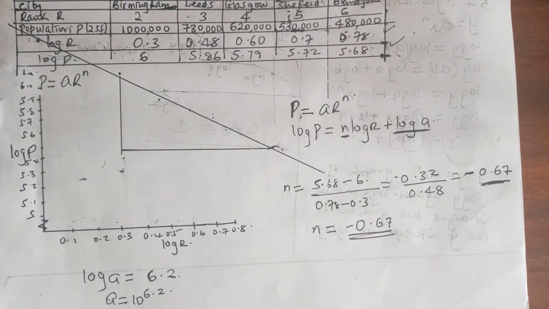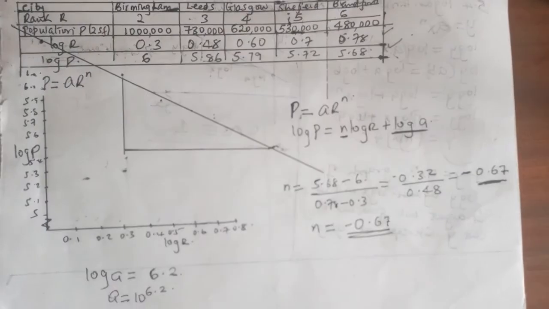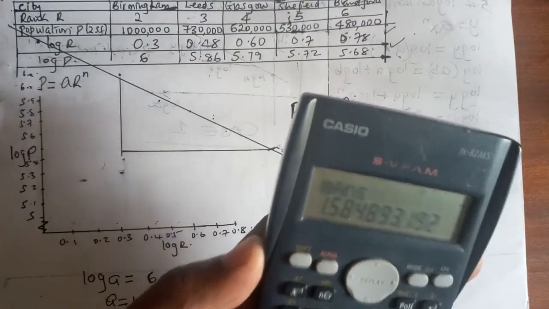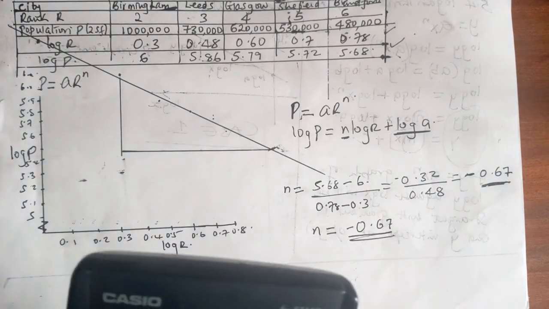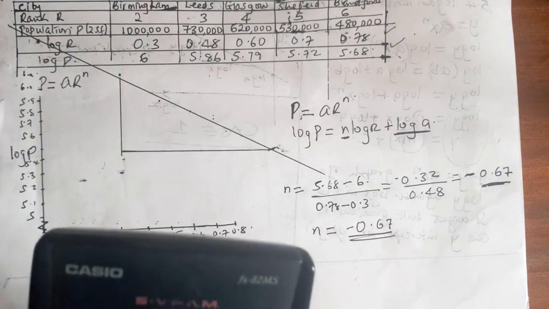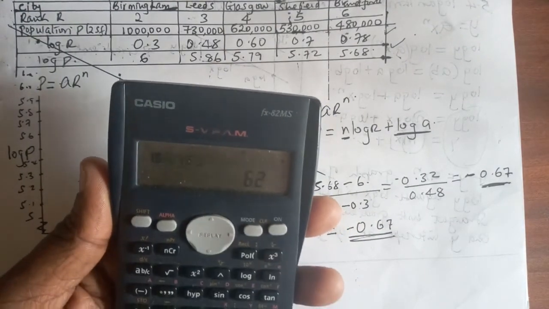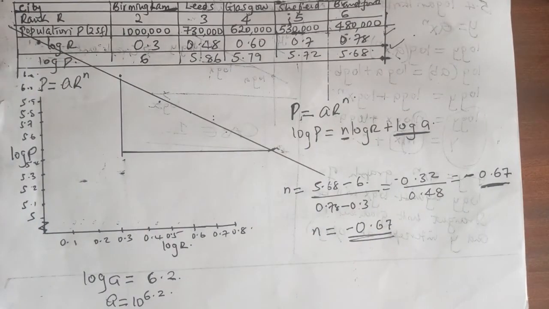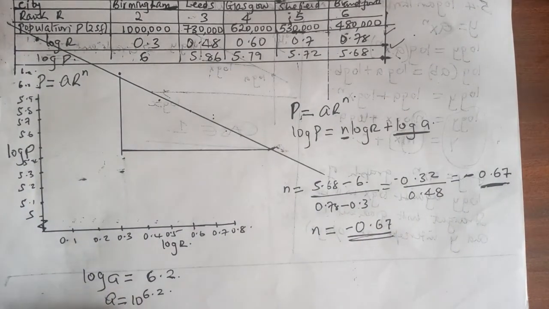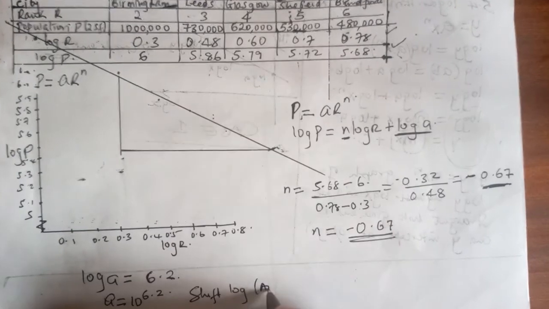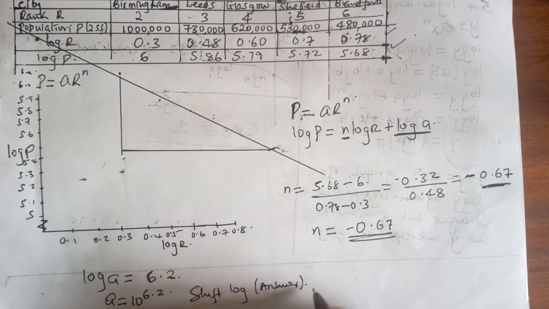If the log of A is 6.2, we use shift log on the calculator to get the antilog.